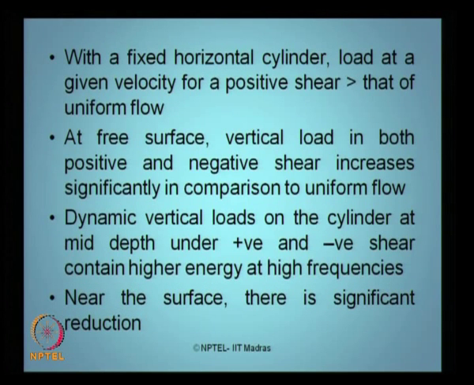So the dynamic vertical loads on the cylinder at depth, or at the middle of the cylinder, because of the positive and negative shear, will have frequencies at a higher level with larger energy content. The band of the frequency width will be higher.